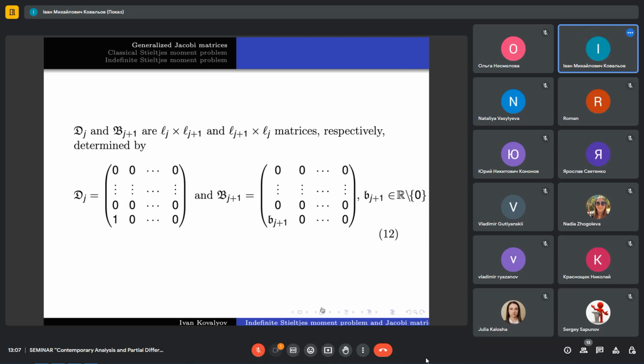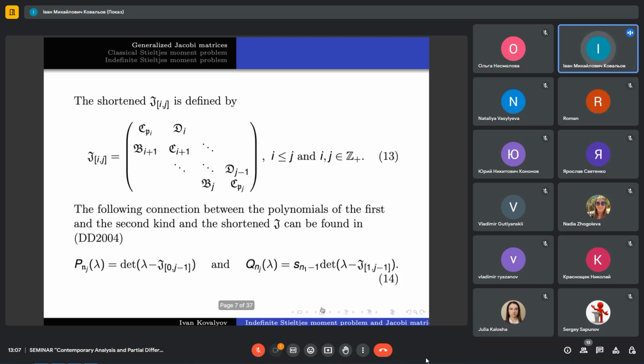Next, we must define the shortened matrix by formula 13. In this case, we obtain a connection between the generalized Jacobi matrix and the polynomials of the first and second kind; you can see formula 14.